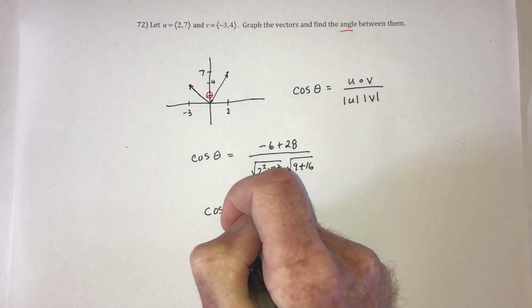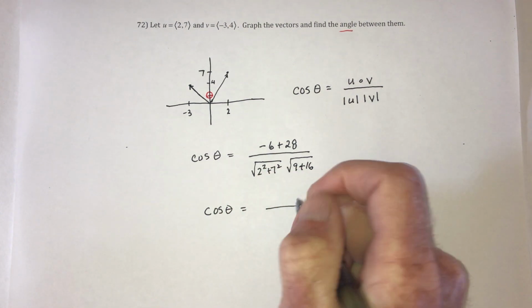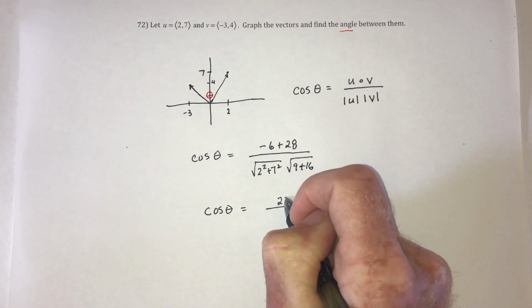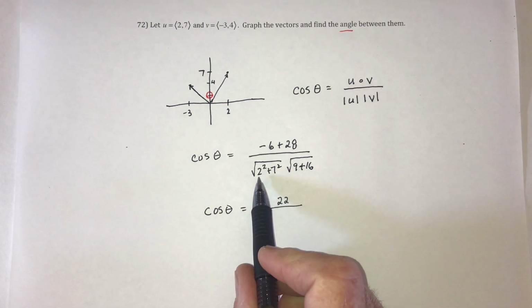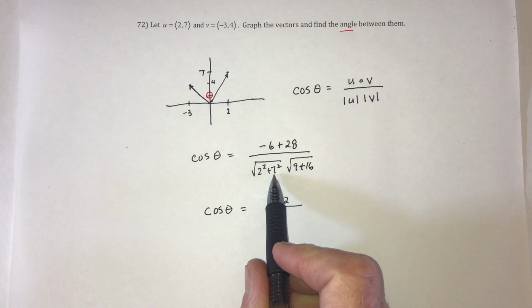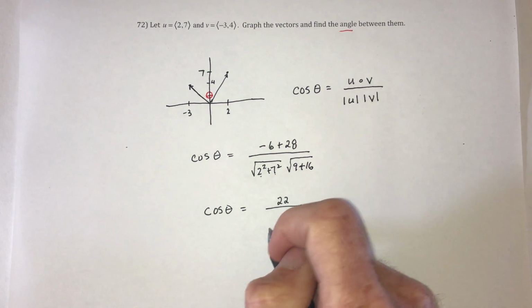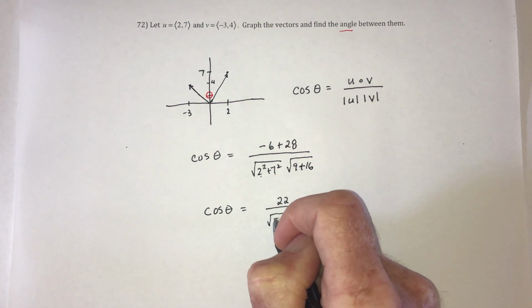This is going to say cosine of theta equals, for the top, that would be 22. And then this is going to be 4 and 49. So 49 plus 4, that's 53. So there'll be the square root of 53.